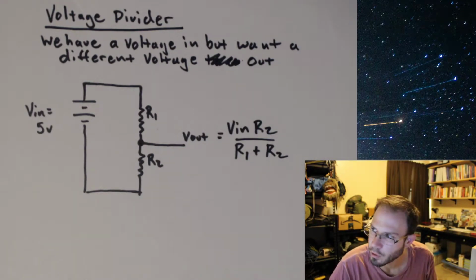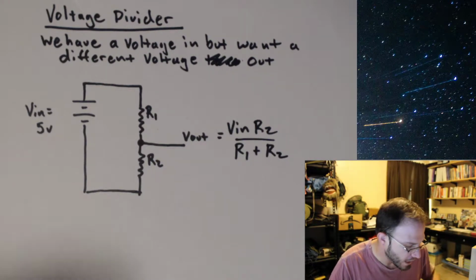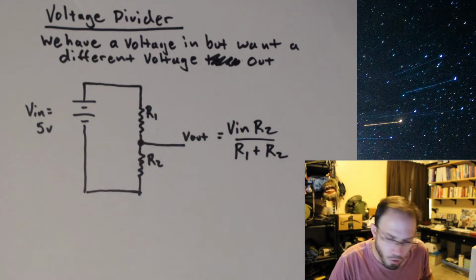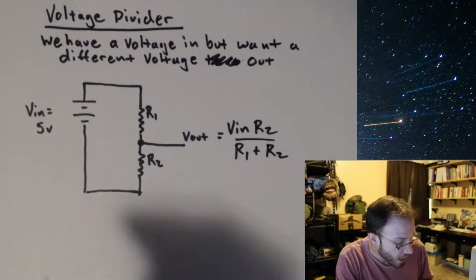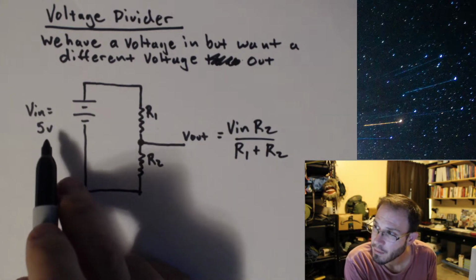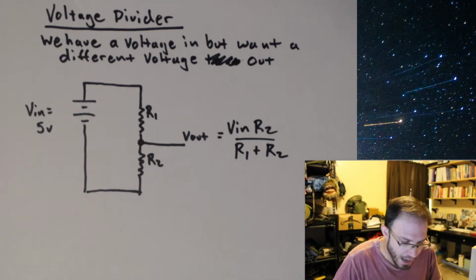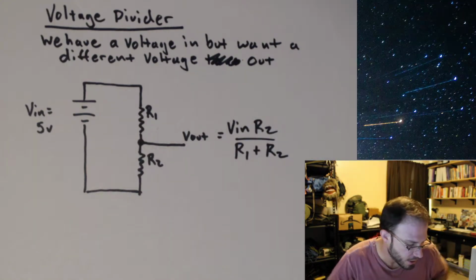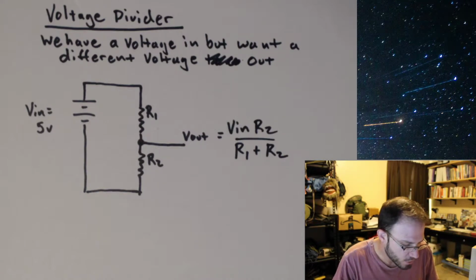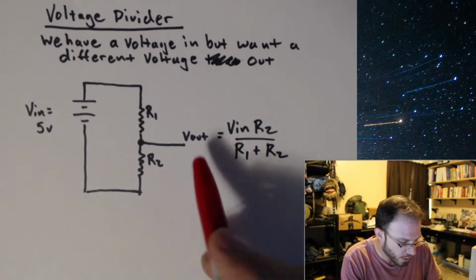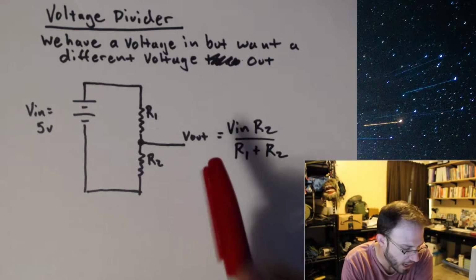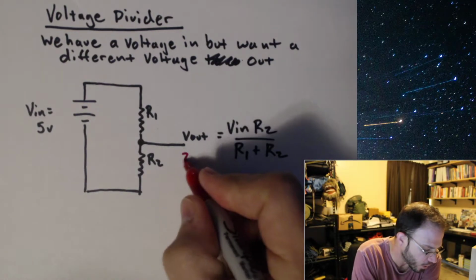A good example of using this would be, let's say I have 5 volts in, but I actually want 2 volts to come out of here. How could we set this up to do it? Well, we have two of our givens as far as this equation is concerned. We know what V out would be. We want it to be 2 volts.